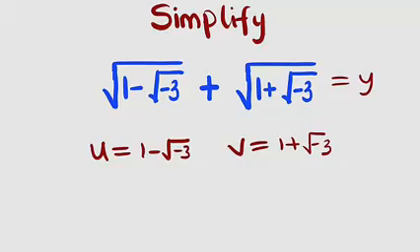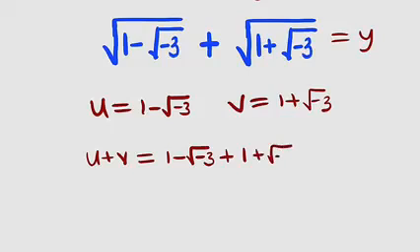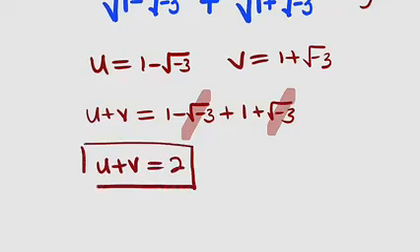So the two things I want to obtain are the sum of u and v and their product. Let me compute u plus v, which is equal to 1 minus the square root of negative 3 plus 1 plus the square root of negative 3. If you observe, this will cancel this because they have different operations. All we have is 1 plus 1, which is equal to 2. Therefore, u plus v is equal to 2. Let us keep this aside.